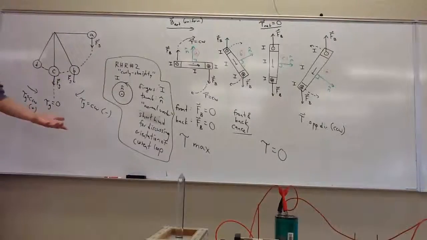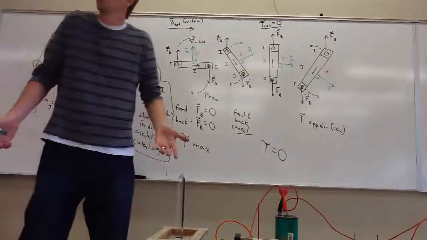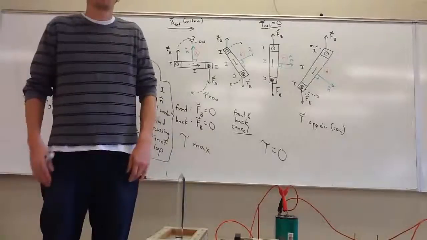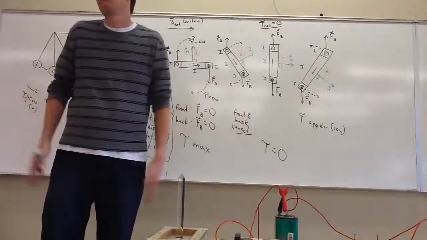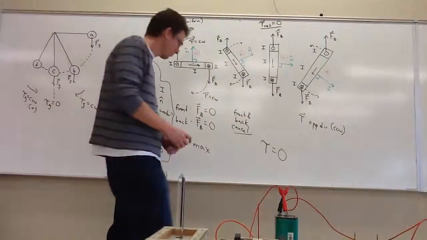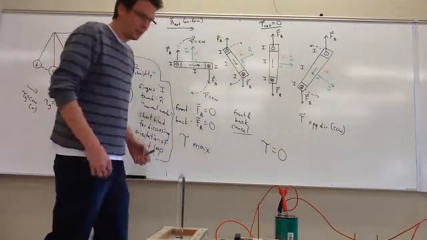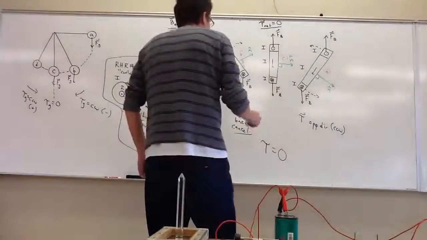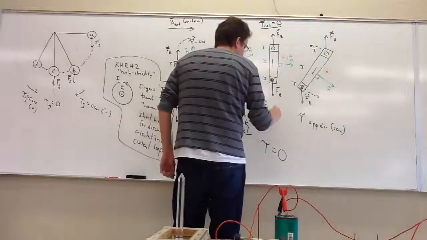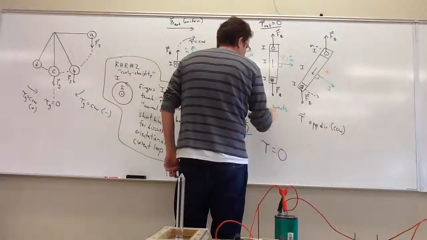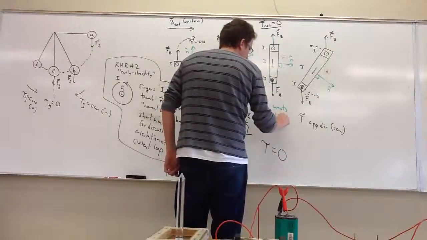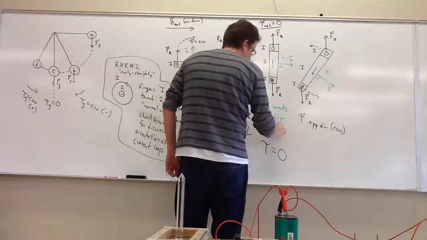That's easy to remember, right? How does a current loop want to orient in an external magnetic field? Well, the normal vector wants to align with the field. Okay? So we can write that down here, is that the normal vector wants to align with the external field.